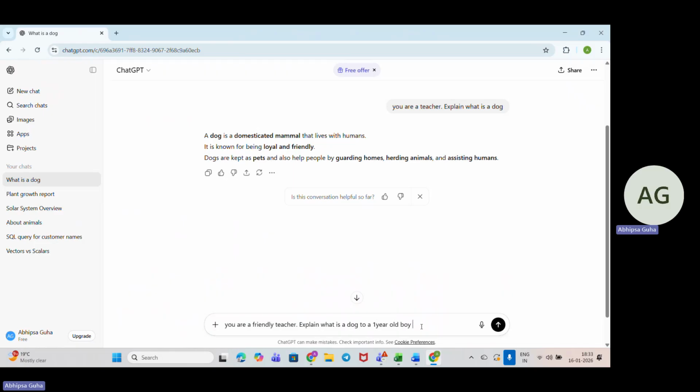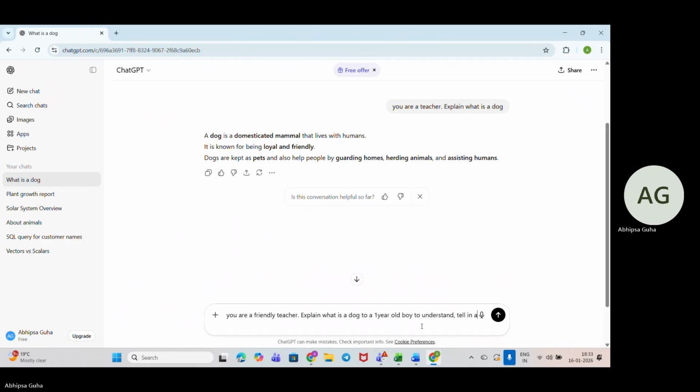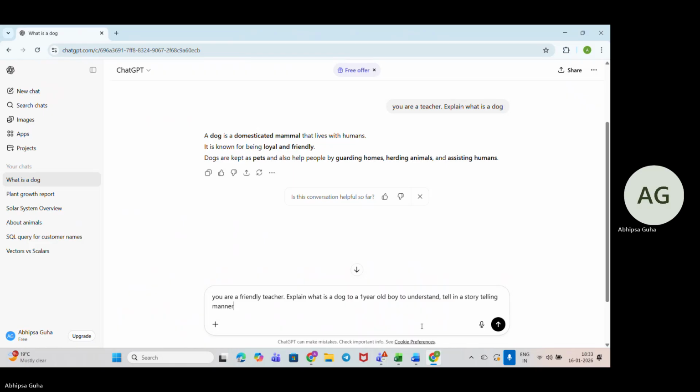To a 1-year-old boy to understand, explain everything in a storytelling manner. Use simple words.